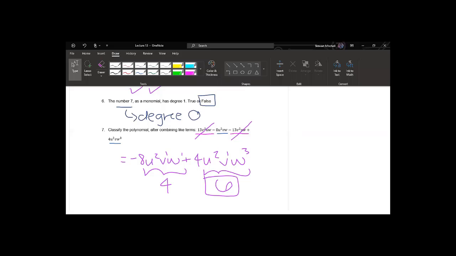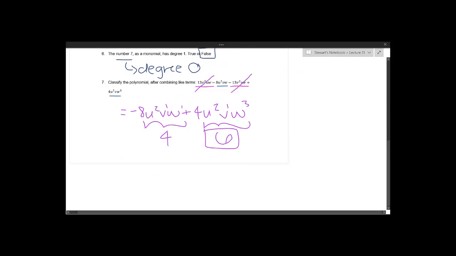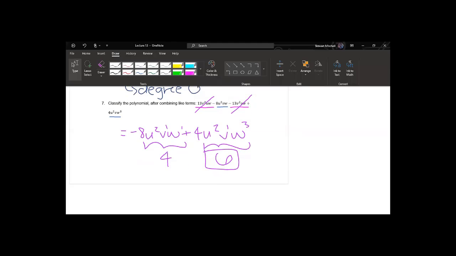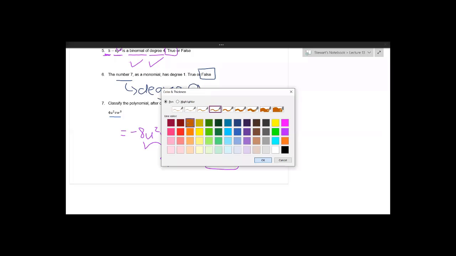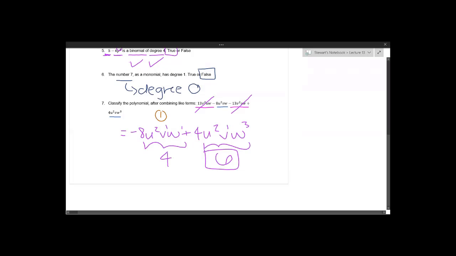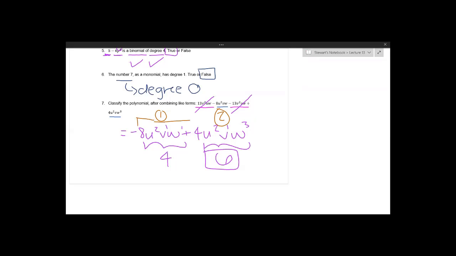And also take note that there are 2 terms. The negative 8u squared vw is one term, then plus the 4u squared vw cubed is the second term.